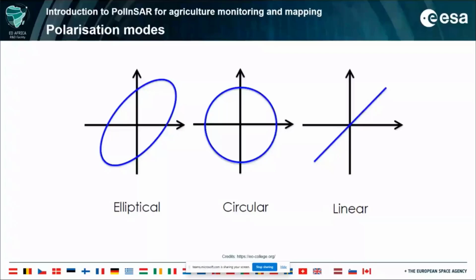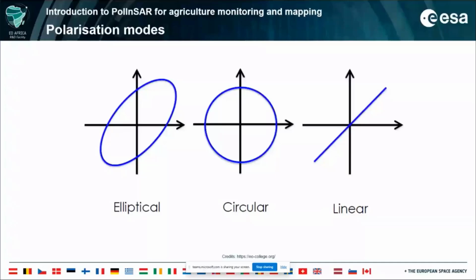And polarization may be linear, circular, or elliptical. In such systems, linear polarization is typically used, though sometimes circular polarizations are gaining traction in some modern systems.